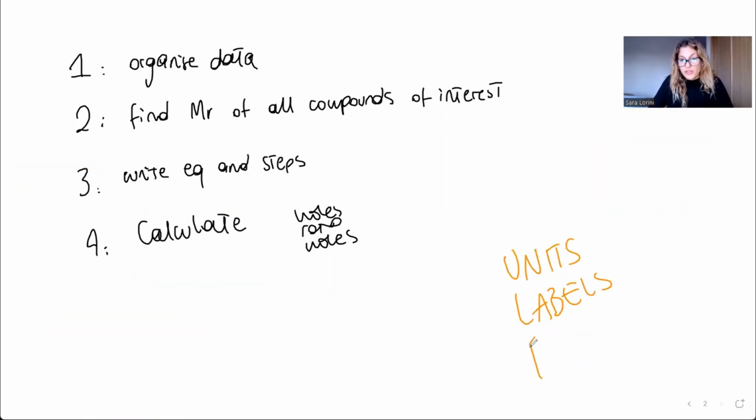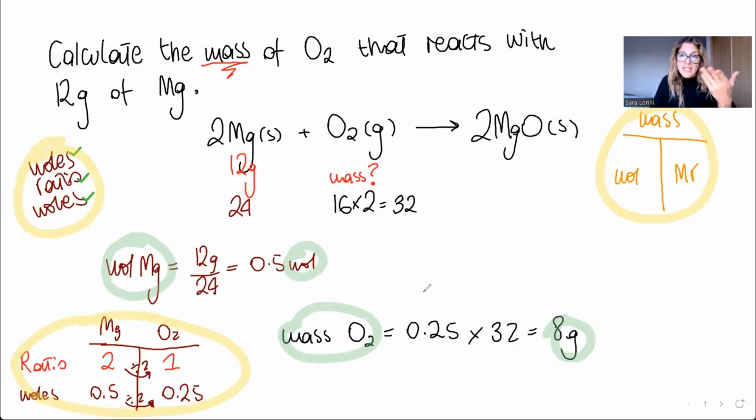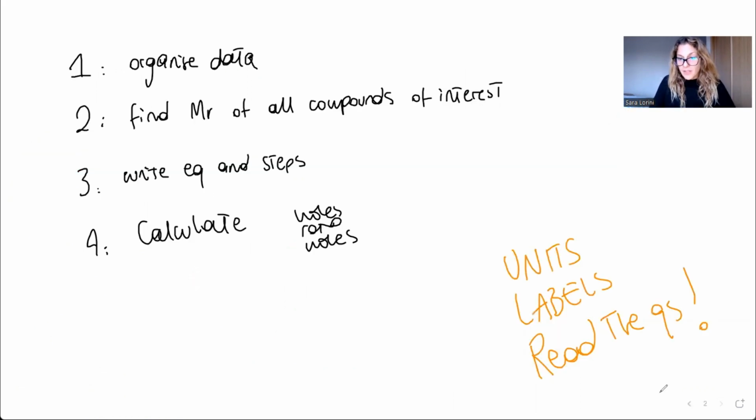Then make sure you read the question a million times. After every step you've taken, maybe go back and read the question one more time to make sure that, oh yeah, I know exactly where I'm getting at. I'm getting to the mass of magnesium or to the mass of oxygen. So you keep in mind what it is that you need to find. Okay? So very important to keep these steps up.